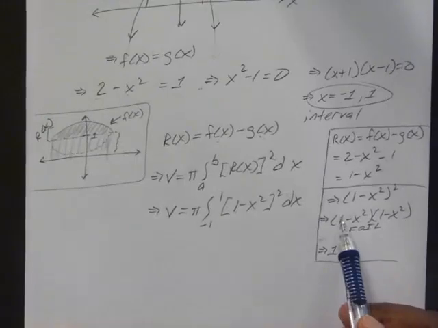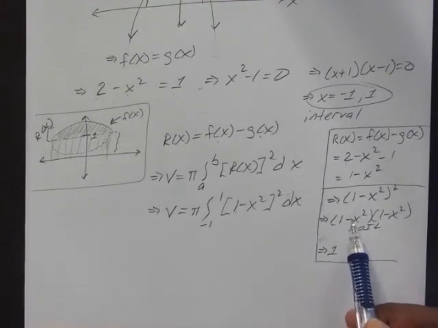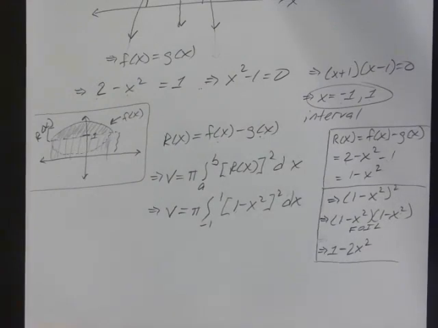Our outer is 1 times negative x squared, which is negative x squared. Our inner is 1 times negative x squared, which is negative x squared. We combine those, we get minus 2x squared. And our last is negative x squared times negative x squared, which is positive x to the fourth.